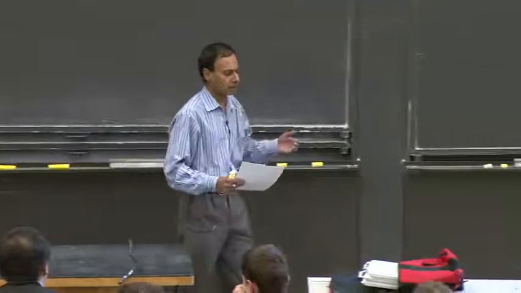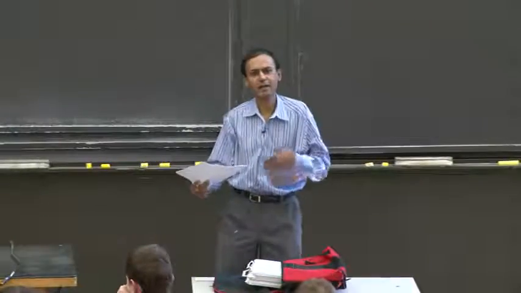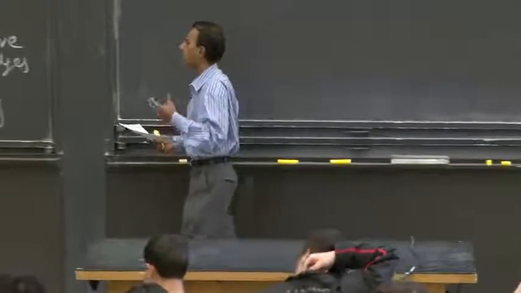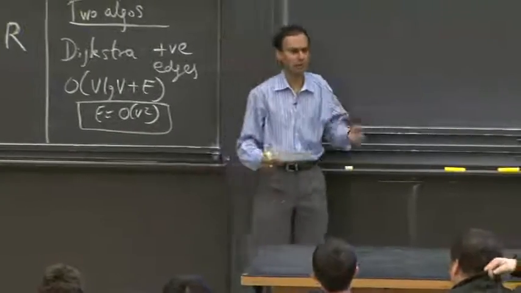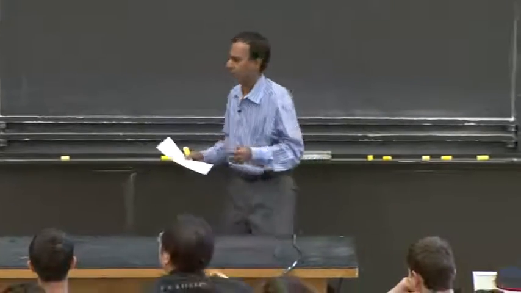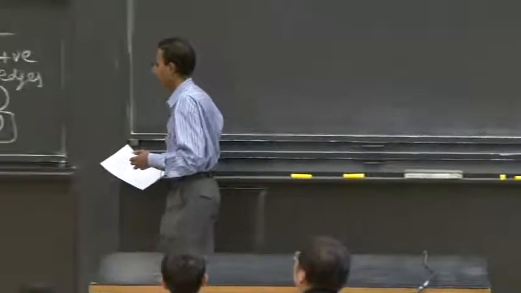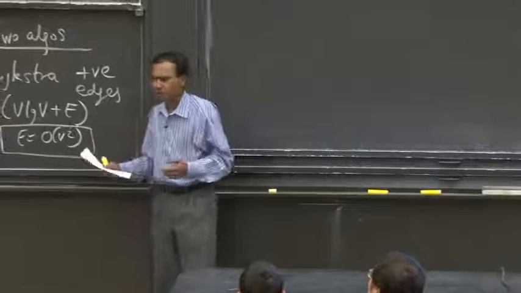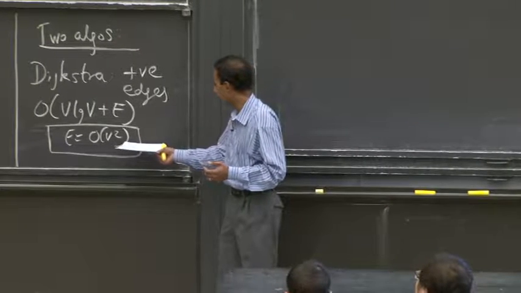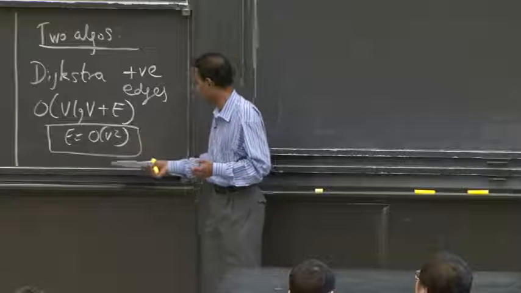Okay? So when you say simple graph, you're saying you have at most one edge between any pair of vertices. A multigraph is something that could have multiple edges between pairs of vertices. We won't really be talking about multigraphs in this sequence of lectures, but something to think about or keep in the back of your mind as we go through these algorithms.